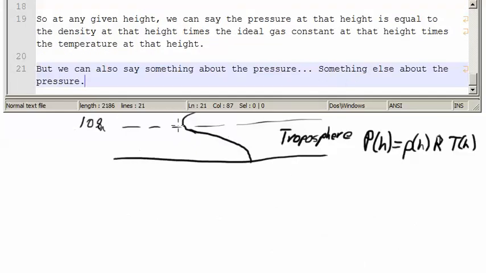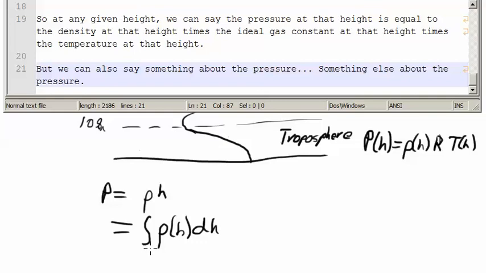The pressure is equal to the sum total of the density of the gas times its height. But actually, since rho we've decided already is a function of height, this is actually going to be the integral of the density at each height times a differential height element from, I guess, h to infinity.